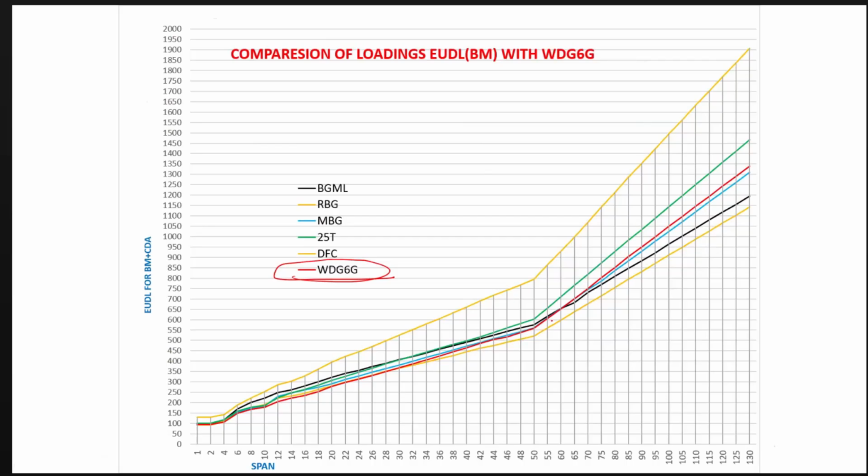So in all the cases up to the 60 meter span, the BGML is higher. Beyond the 60 meter span, the WDG6 goes higher. Very few spans are more than 60 meter, which are special spans that have to be checked separately. Otherwise, most of the spans are passing in case of UDL. So that way we can plot and check that most of the spans are passing.